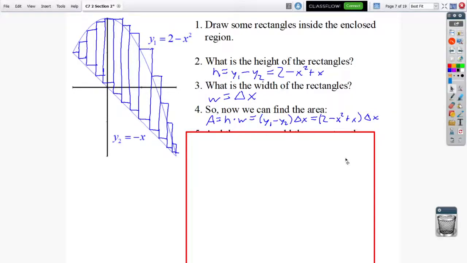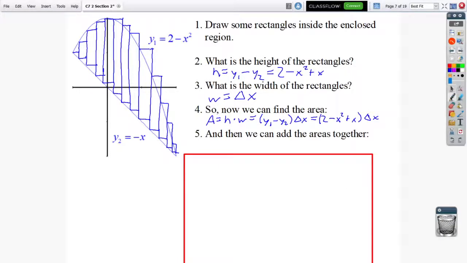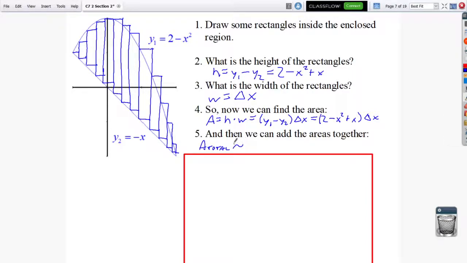Now, in order to find the total area, we need to add all of the areas of the rectangles. So the area of the total region, area total, is going to be approximately, because again, we have some of those hangy over bits, some of those hangy under bits here, the summation of all the individual areas.